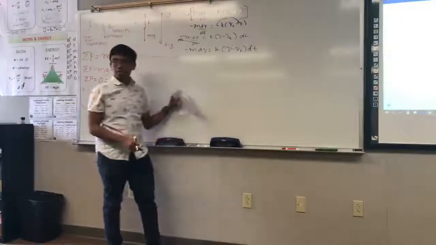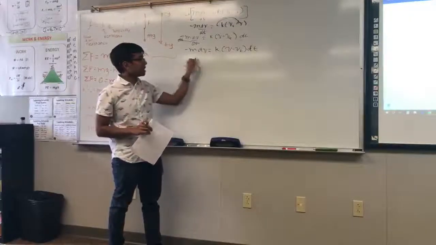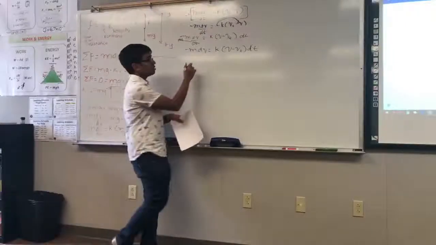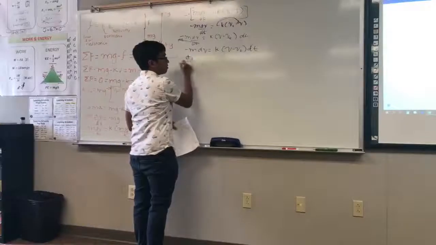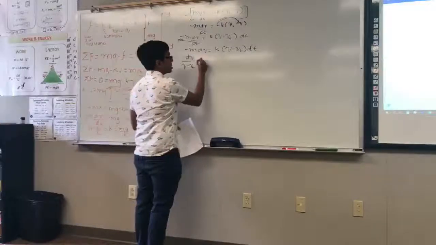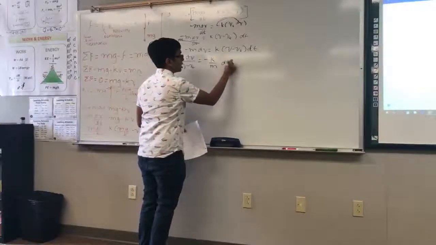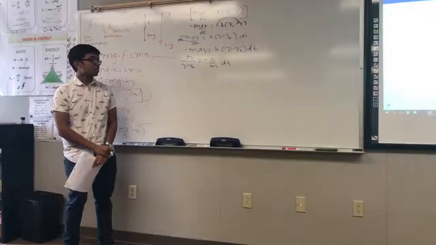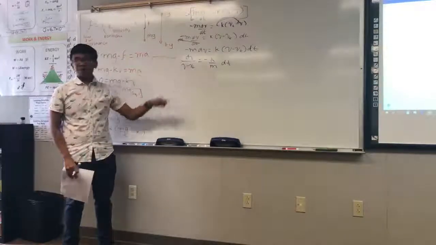To solve this equation, I want to put like terms on the same side and the constants on the other side. So it's dv over v minus vt is equal to minus k over m dt. Does everyone see how we got to that?